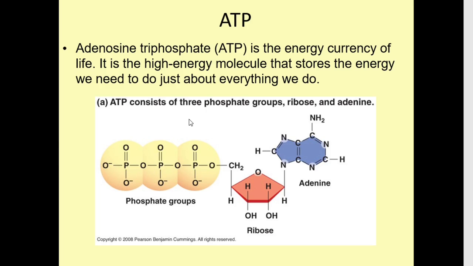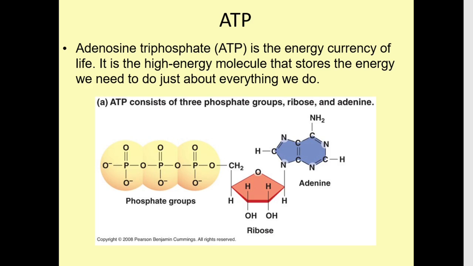So how does ATP as a molecule then donate energy to cellular processes? How does it actually drive cellular work? Well, it's all down to these phosphate groups. This goes back to something that we discussed in one of our early sessions, where I talked to you about electronegativity, the measure of pull that an atom will have on the shared electrons in a chemical bond, like a covalent bond.